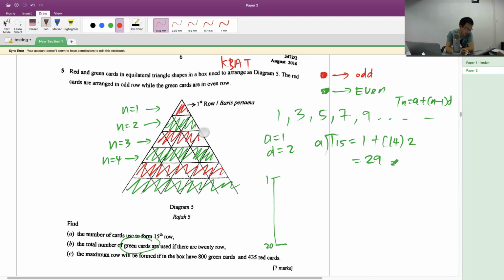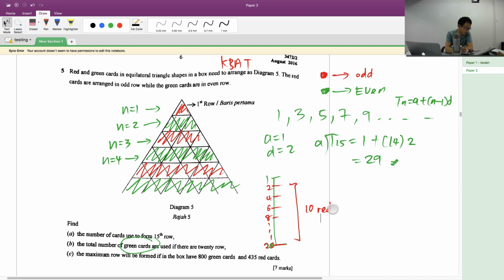So that means 2 is a red color, and 4 is a red color, 6 is a red color, 8 is a red color, until 20 is a red color as well. I know total here, I should have 10 rows of red color. Correct or not? Because 1 to 20, you should have 10 green color and 10 red color. This one is a logic.